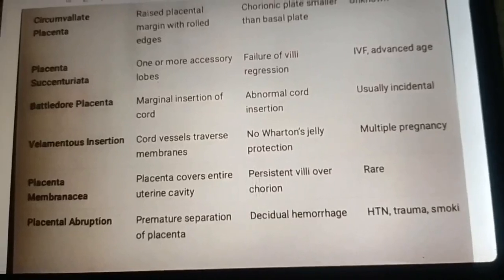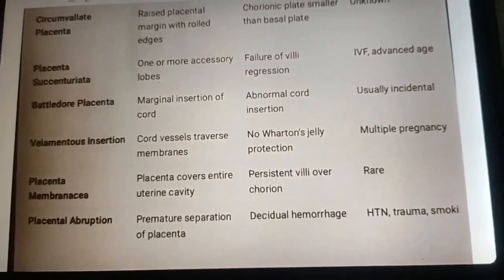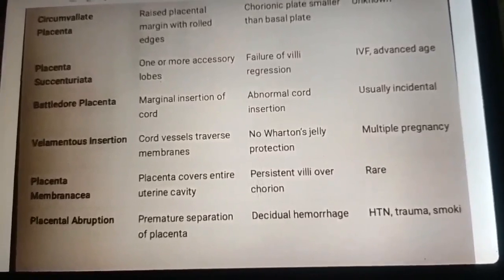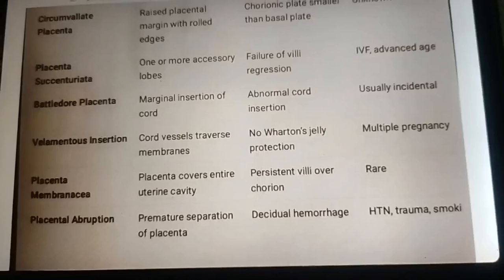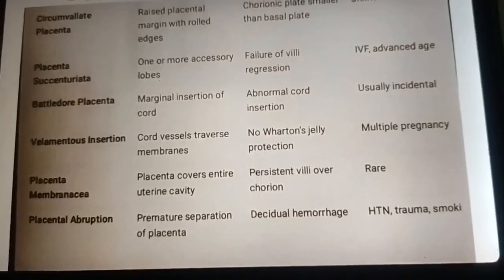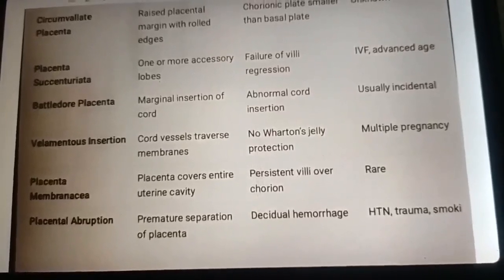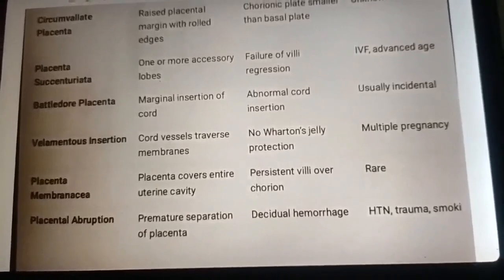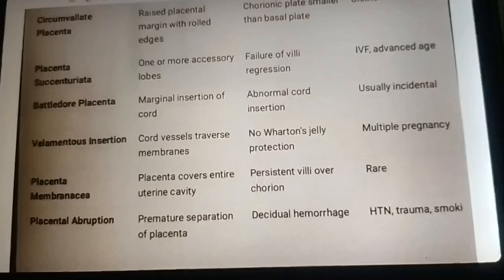When the membrane ruptures, the cord is injured, and we know that the cord has the umbilical artery and umbilical vein. It will lead to fetal loss and vasa previa.